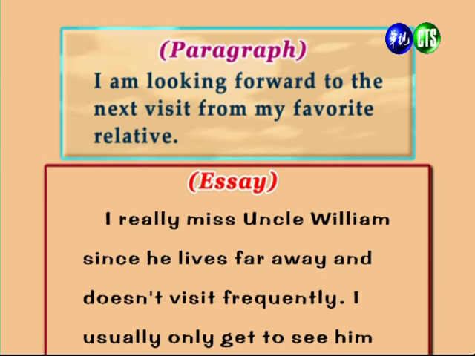Now, if we look at the concluding paragraph, we see that this again provides much more information that's missing from the concluding sentence. One of the main things we learn from the essay is that Uncle William lives far away and that he seldom visits. He only comes a few times a year.